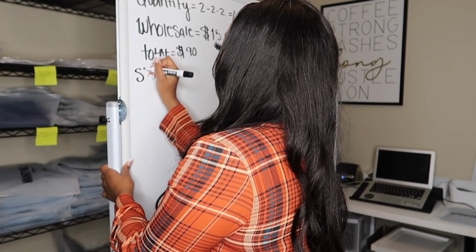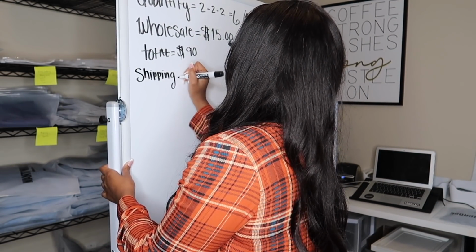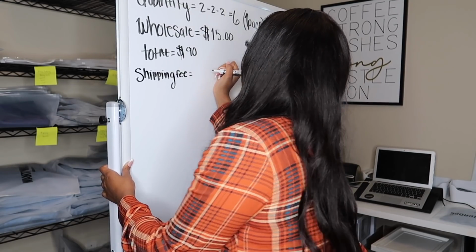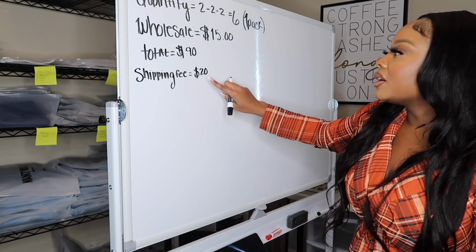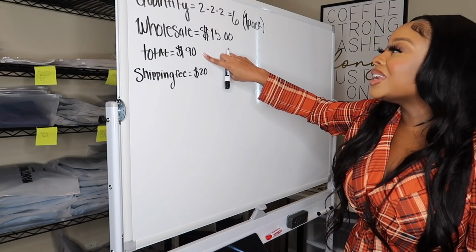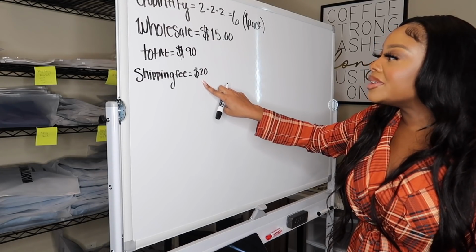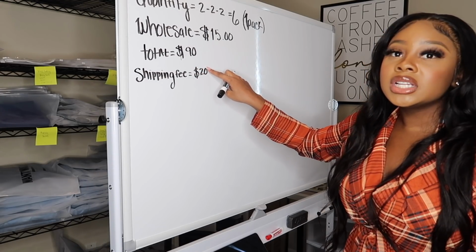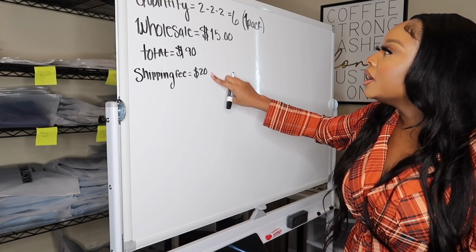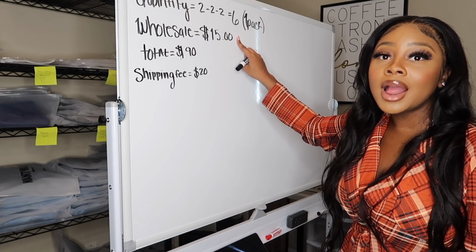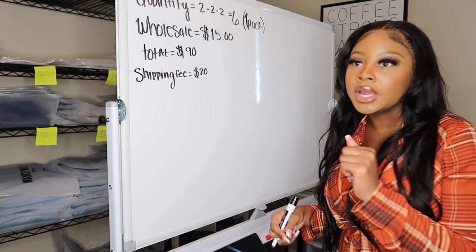So we know that we have a shipping fee from our vendor of, let's say, $20. So now I'm like, okay, it was $90, but then you added a $20 shipping fee. So what I'm going to do is divide this $20 into the 6, so that I can make sure I am increasing the overall wholesale price in order to get my money back as far as the shipping rate is concerned.